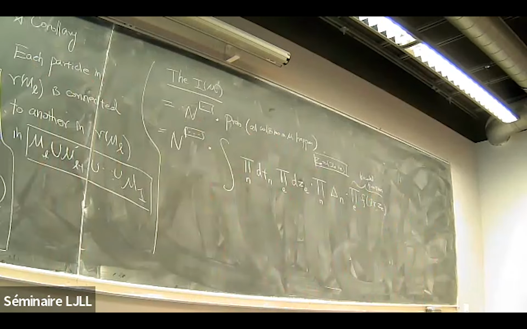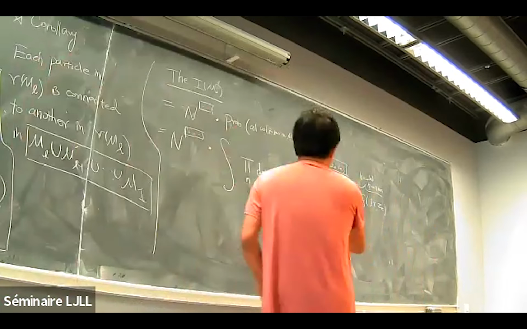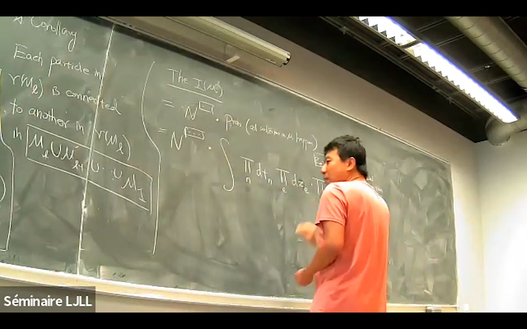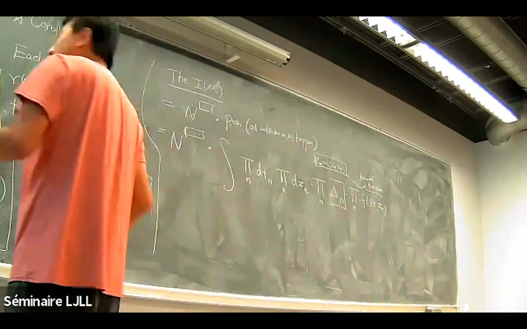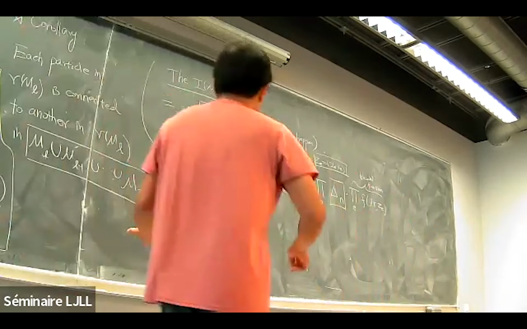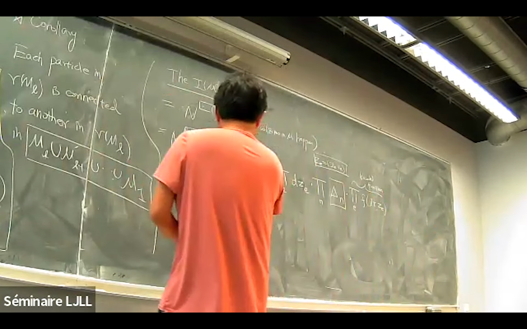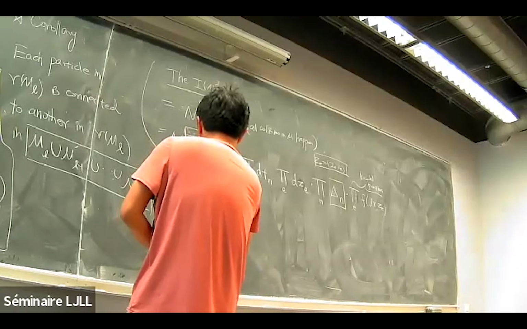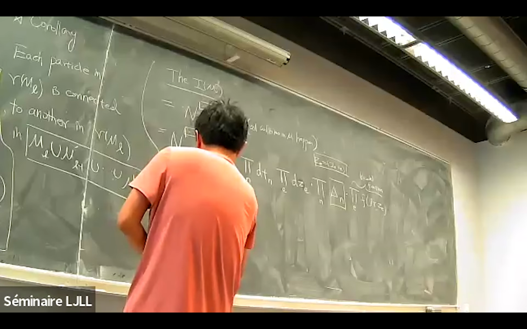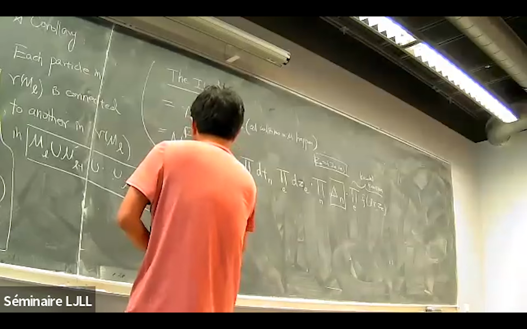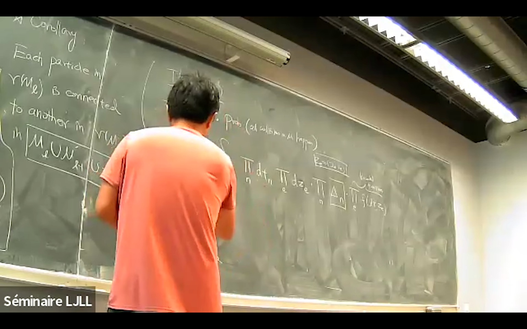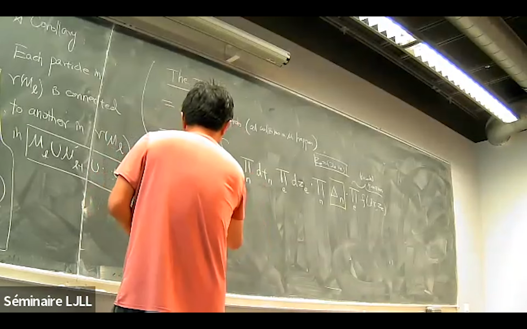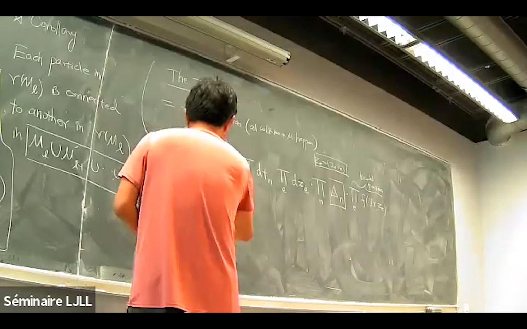So delta n is a Dirac function that represents the collisions, the fact that we have collisions happening. Let's see, if we put this n, this is, let's say, E1, E2, E1 prime, E2 prime, or let's call them E3, E4. It's just 3, 4.